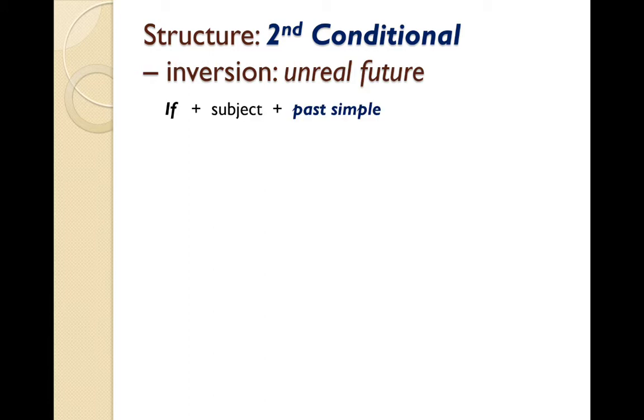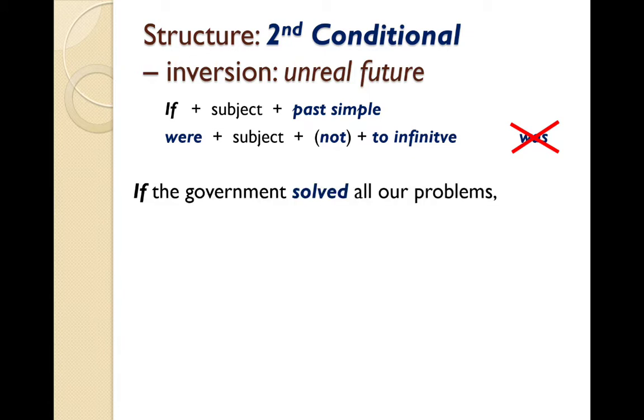So the normal second conditional if clause, if plus the subject and then the past simple. With inversion, were plus the subject, not if it's negative, and then to and infinitive. And again, don't use was, because we're in a formal structure here, and was would be informal.